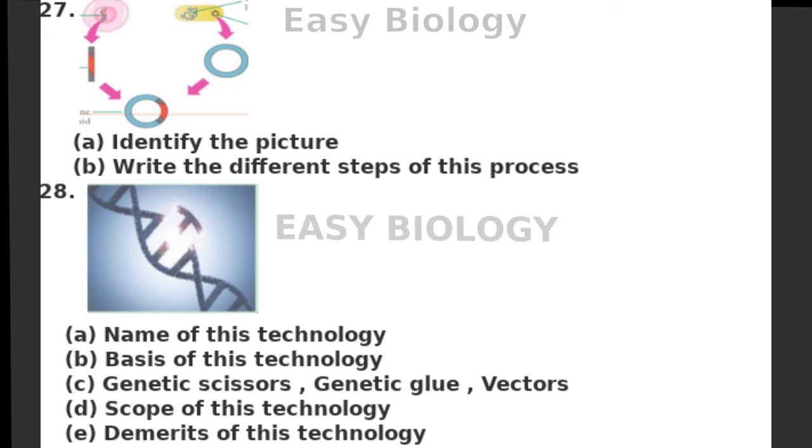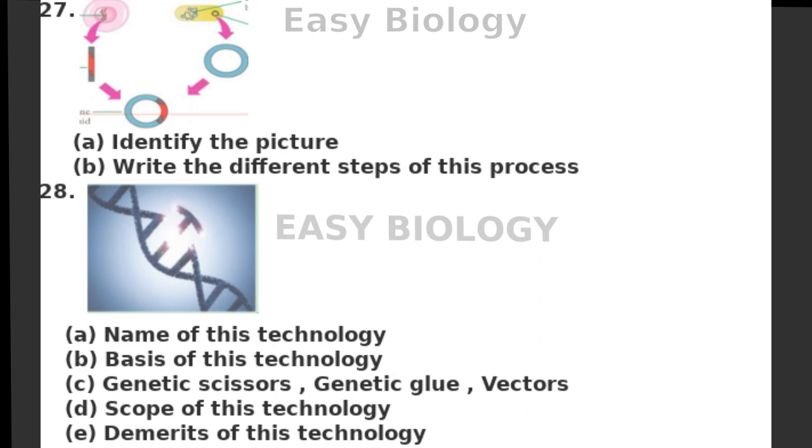Answer: the enzymes used to cut genes are known as genetic scissors. Example, restriction endonuclease. The enzyme used for joining is called genetic glue. Example, the enzyme ligase.